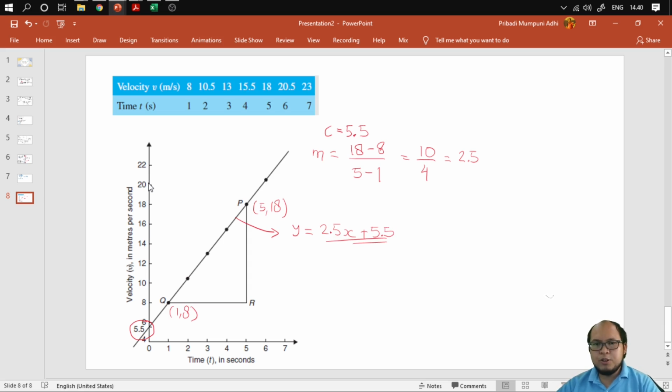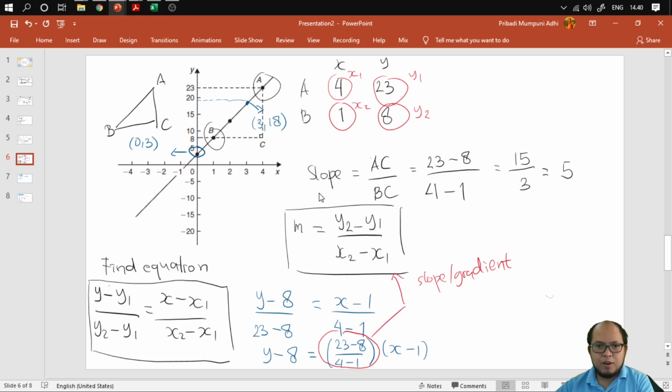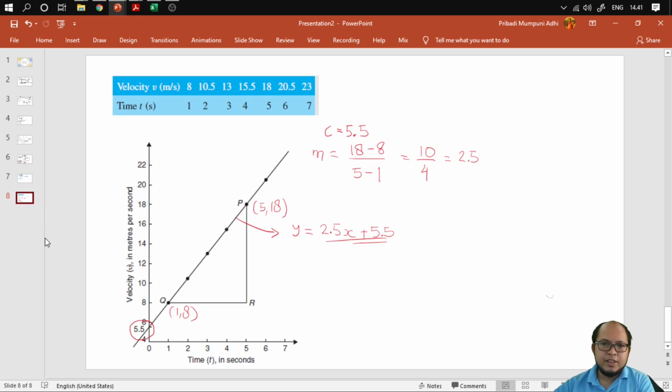Or we can do another way using the previous formula. So let's write the formula first. y minus y1 over y2 minus y1 equal to x minus x1 over x2 minus x1.